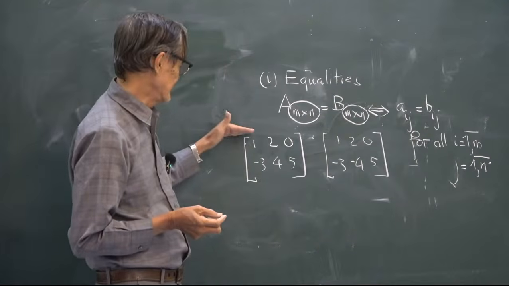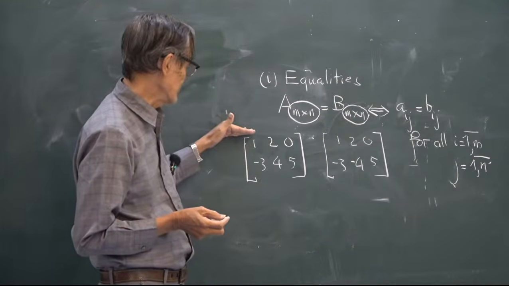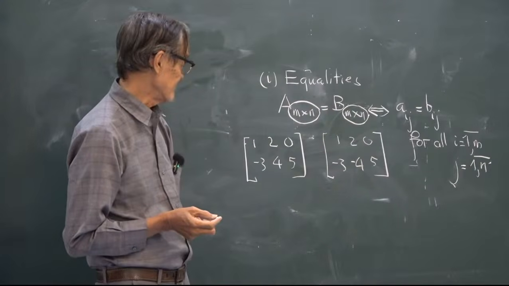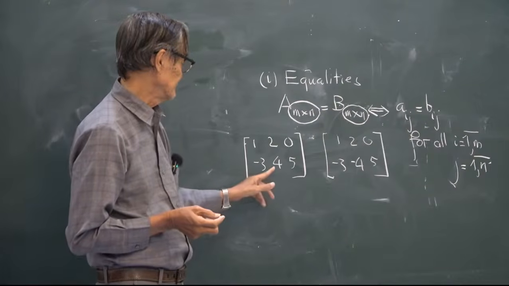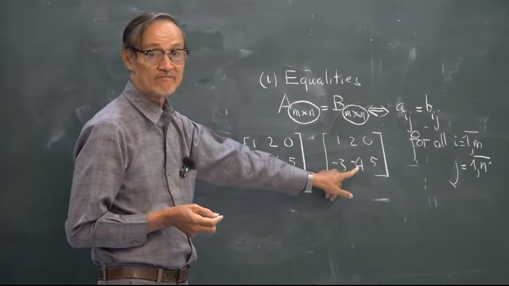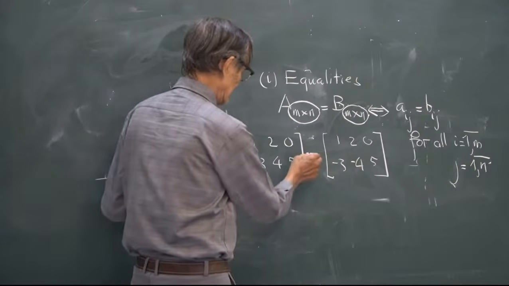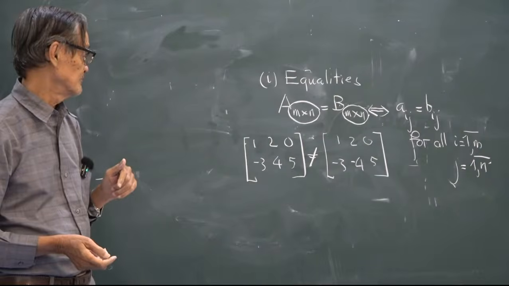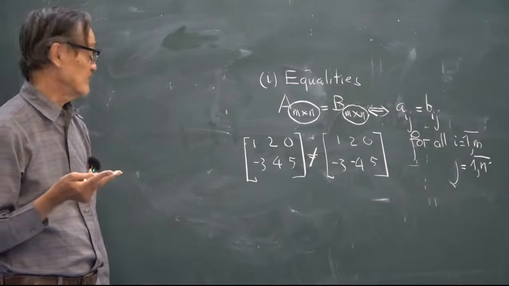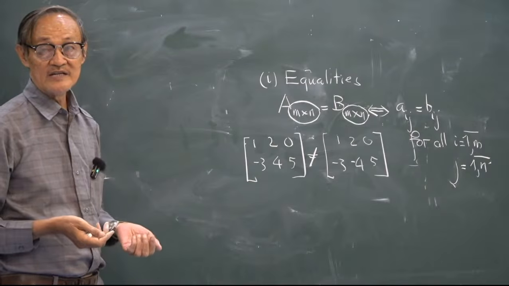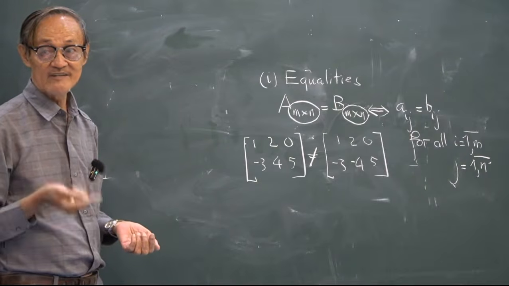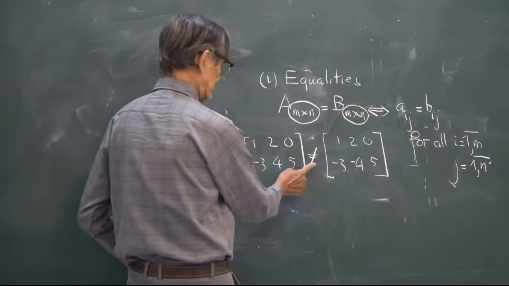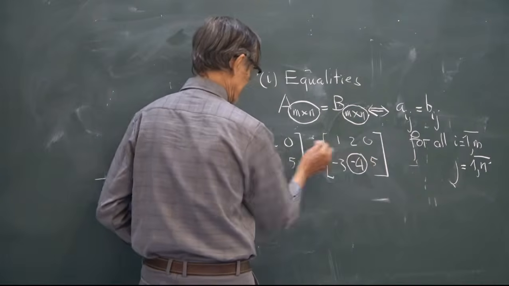The dimensions of both are 2 rows, 3 columns, the same, but 4 is different from minus 4, so they are different. Two matrices are equal if and only if A_ij equals B_ij for all i and for all j. This is not for all, because this element differs.